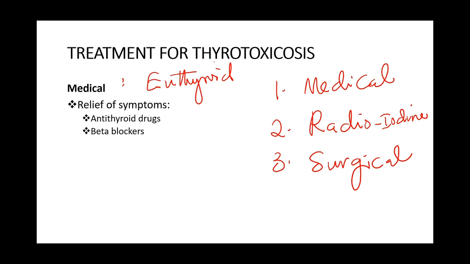This is achieved using medications, the antithyroid drugs, which are in a class of drug called thioamides, and also the beta blockers. The aim of these drugs is to reduce the circulating thyroid hormones, and the beta blockers reduce the adrenergic symptoms they present with.